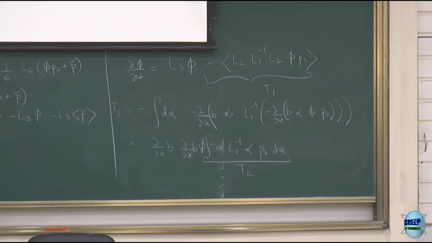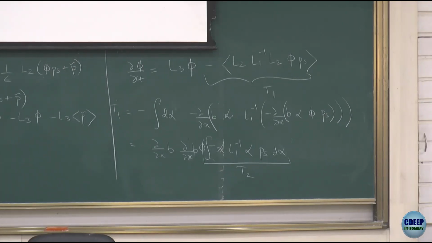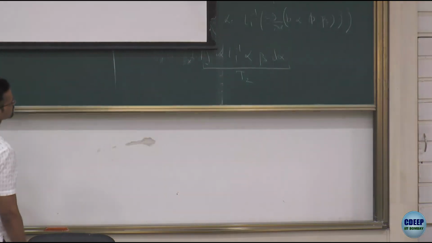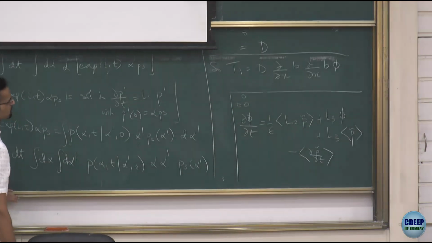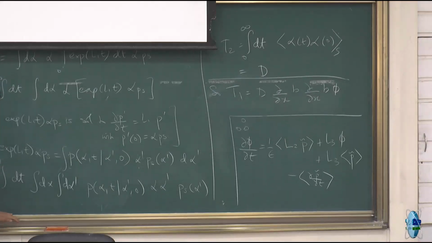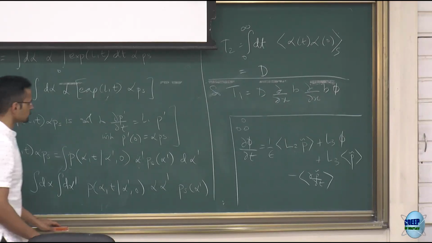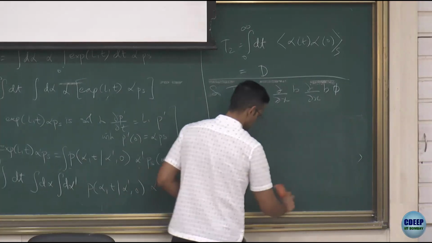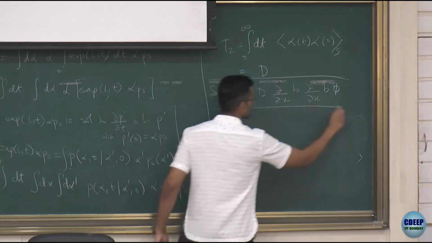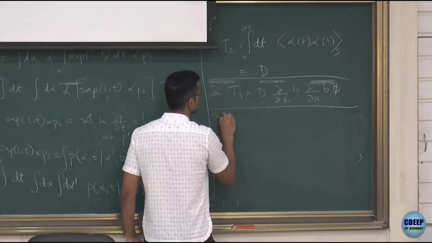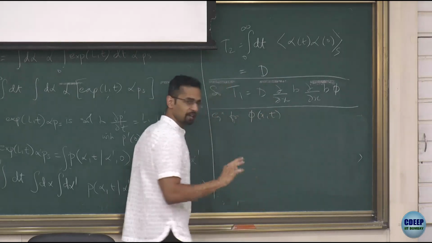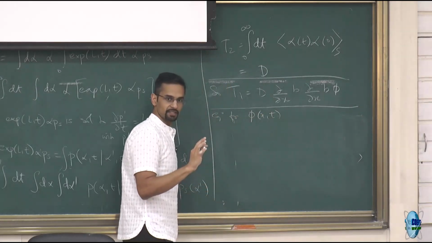And that's the term that was there in the equation for phi. So now let's go back to the phi equation. So now we get the equation for the distribution only in x and t after averaging out the alpha.